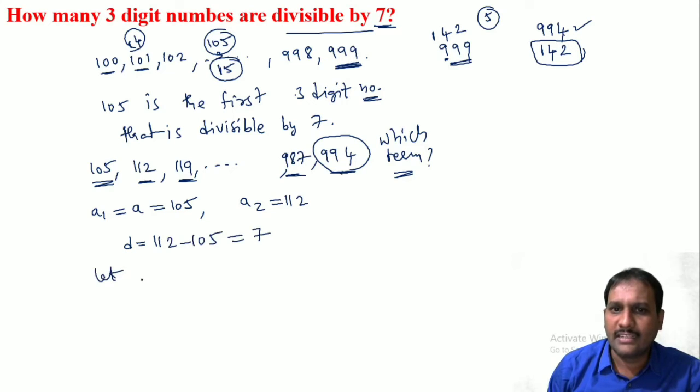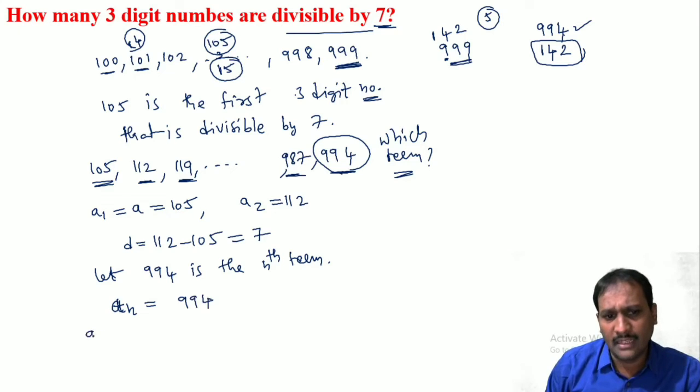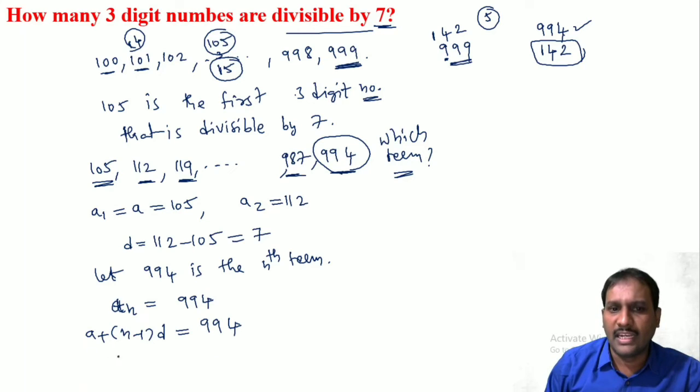So let 994 be the nth term. We have to find the n value. So Tn or An is equal to 994. What is the An formula? A plus n minus 1 into d is equal to 994. Substitute A and d values.